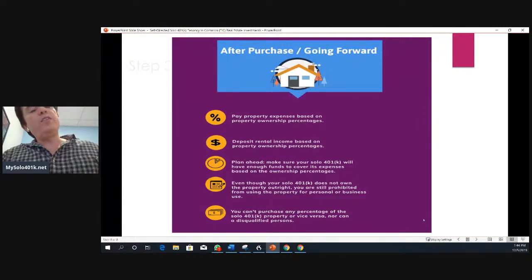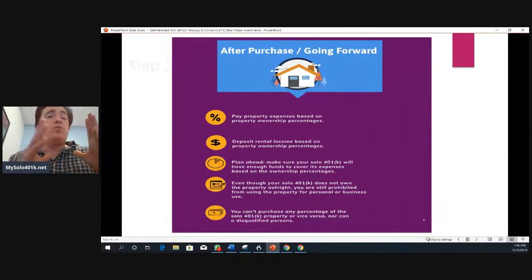So the next point I want to make is that you still have to observe all the rules that apply to investing in real estate with solo 401k funds. So that means you're not going to be able to use the property for personal use. A good question we sometimes get is, say somebody wants to use some of their personal money, some of their non-retirement money, to make an investment. Let's say it's a vacation rental.